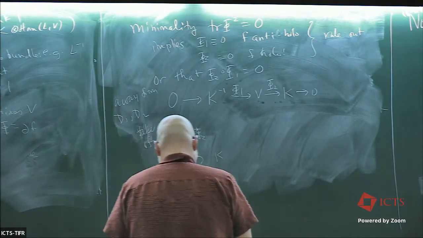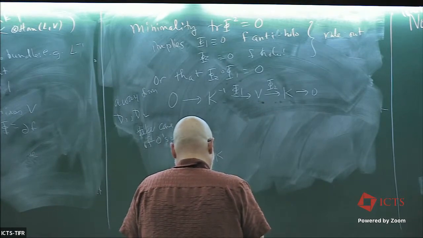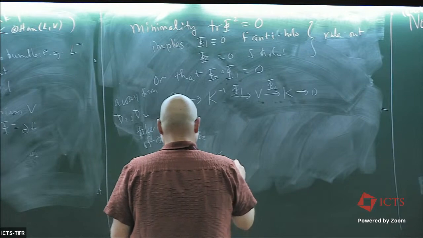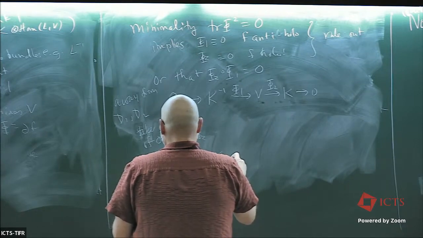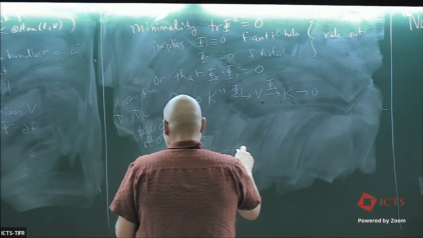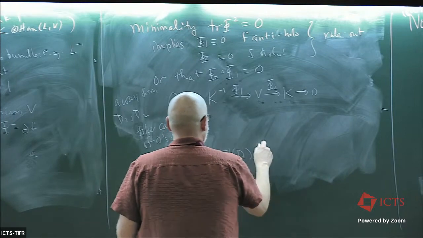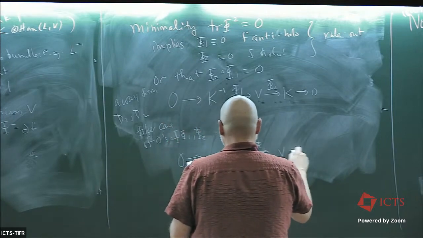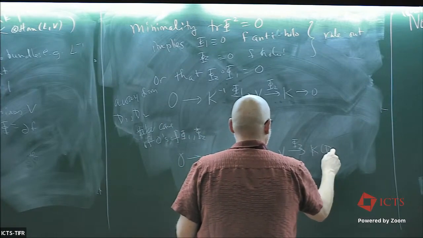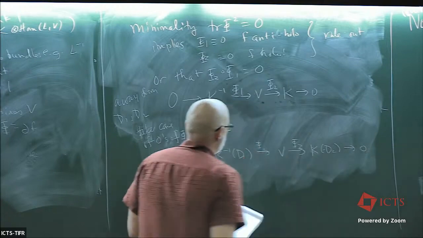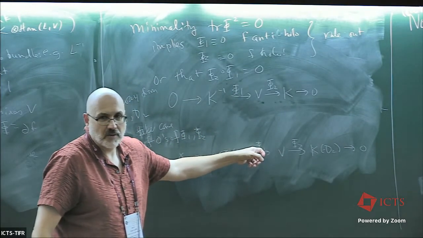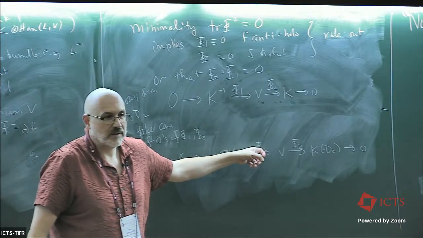So K inverse D1, phi1, V, phi2, K of minus D2. So once we twist by these 0 loci, then these are non-degenerate maps at every point. Right? Okay.